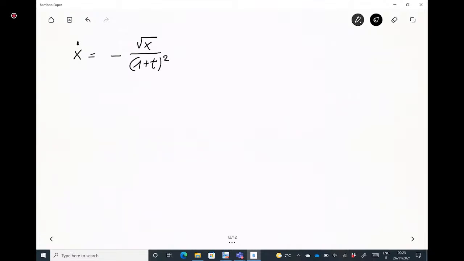The fact that t is embedded in an expression which is non-linear doesn't affect the linearity of the differential equation. So linear means linear in the variable x and x dot. So here you can have also a very non-linear expression involving t. Also, we can see that this differential equation basically is a separable differential equation.